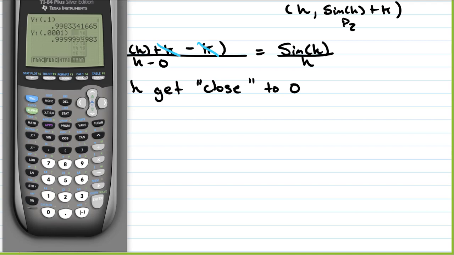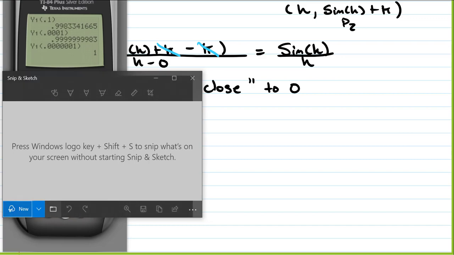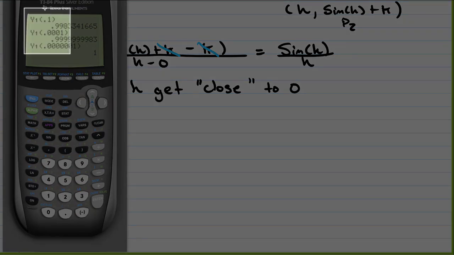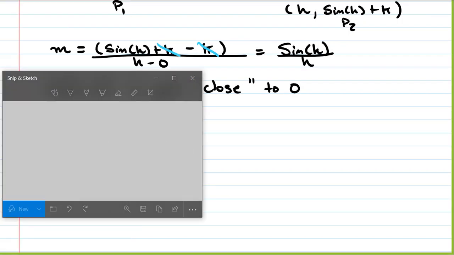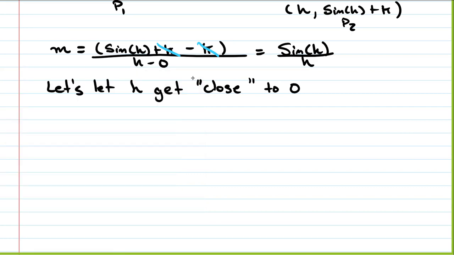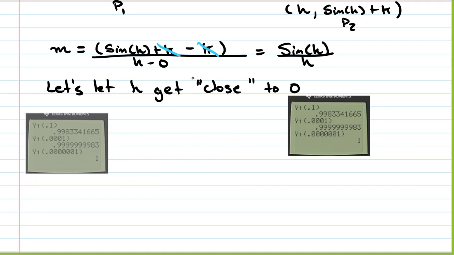We could get even closer by going 0.000001 and pressing enter. This time my calculator actually gives me the value of 1. If I kept adding more and more zeros, the value is not actually 1; my calculator is just rounding because it runs out of memory.